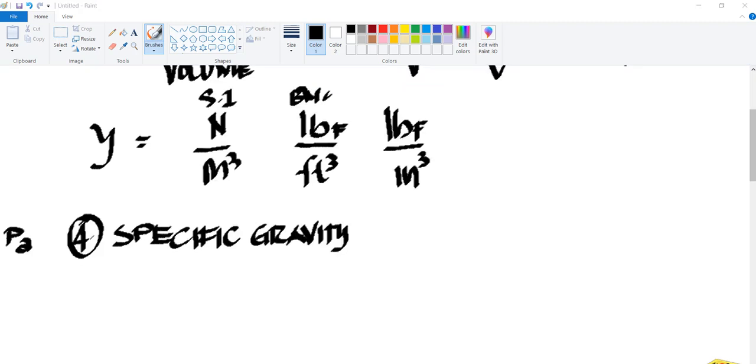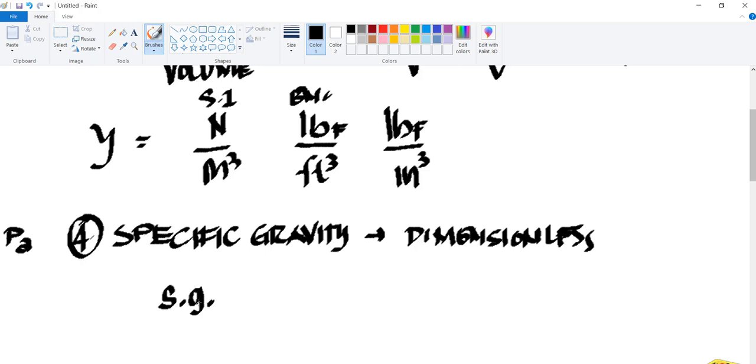Okay. Next, we have the specific gravity. It is usually dimensionless, so it has no unit. For liquids, we have their specific gravity, sometimes symbolized SG. So if you see SG in properties of fluid, that automatically means specific gravity.